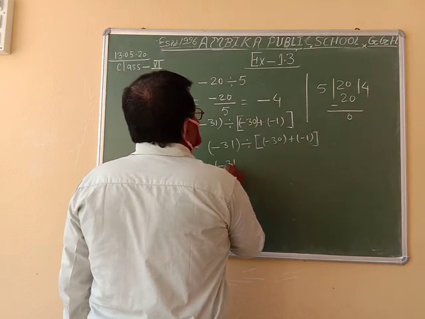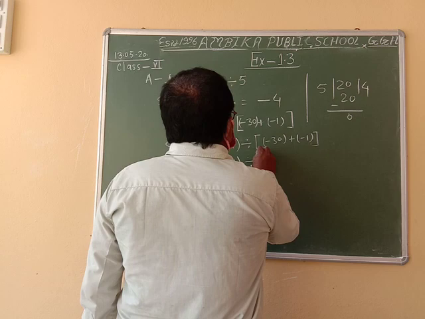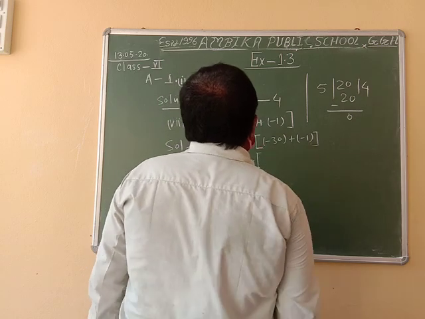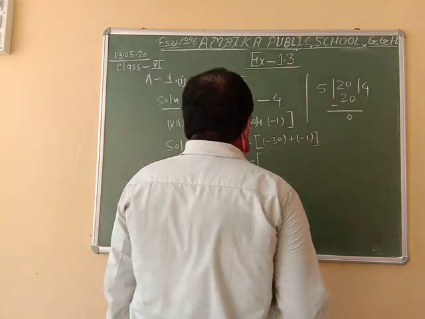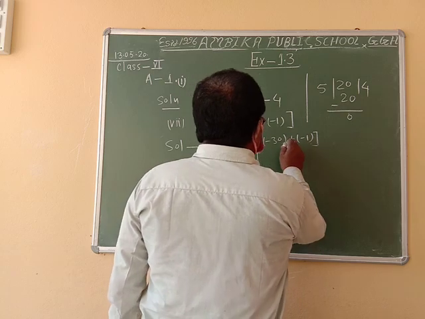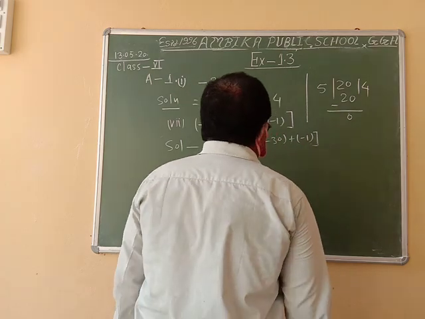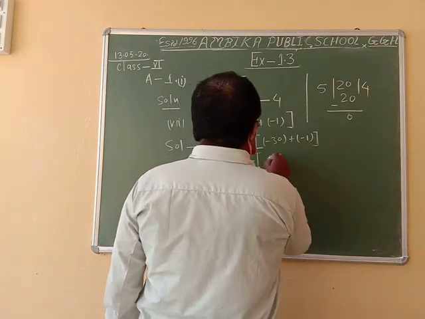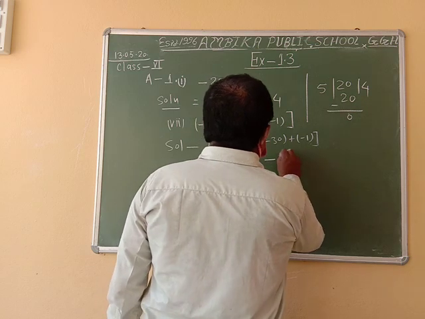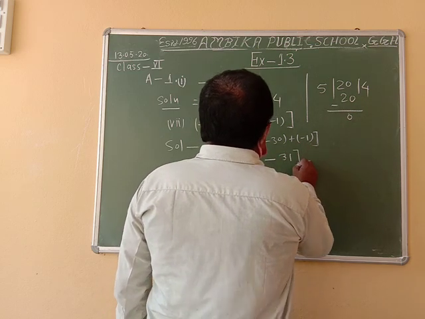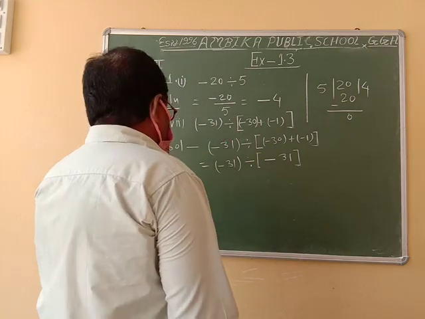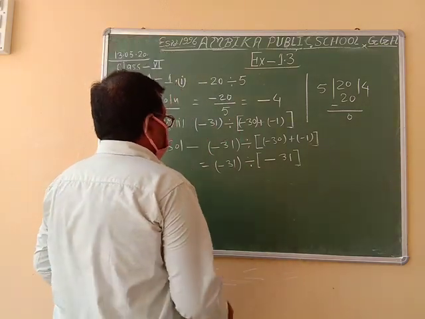minus 31. We break the brackets. Minus 30 plus minus 1 is equal to minus 31. Adding minus 30 and minus 1, we get minus 31.